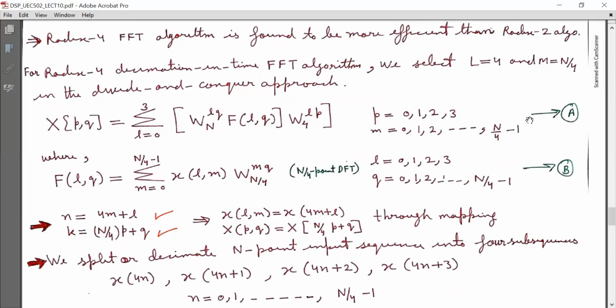So mark capital X(p,q) as equation A, and mark F(l,q) as equation B.